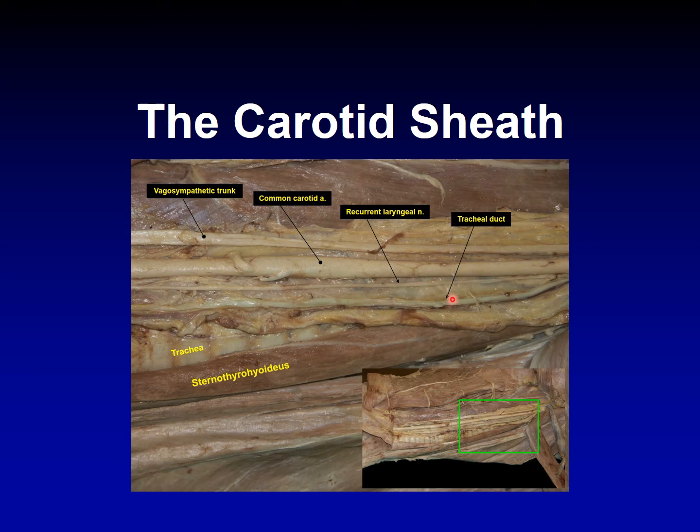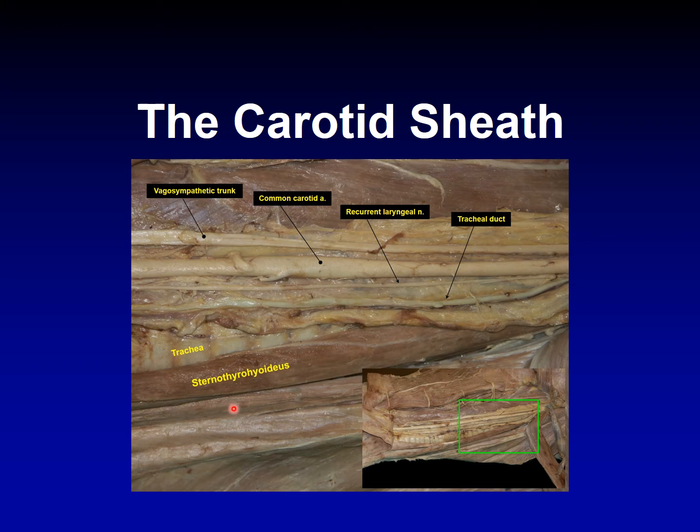We have the tracheal duct also, and we have the trachea, and these are the two thin muscles, the sternohyoideus and the sternothyroideus, which we cut during the modified Forssell's technique.